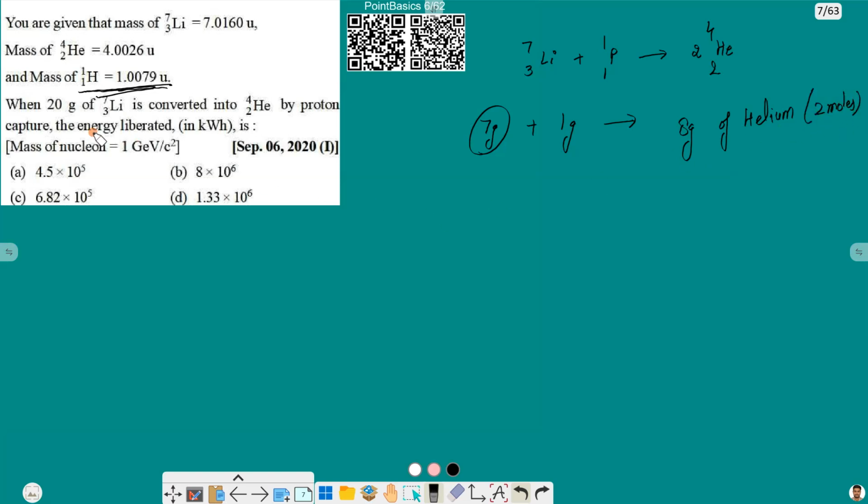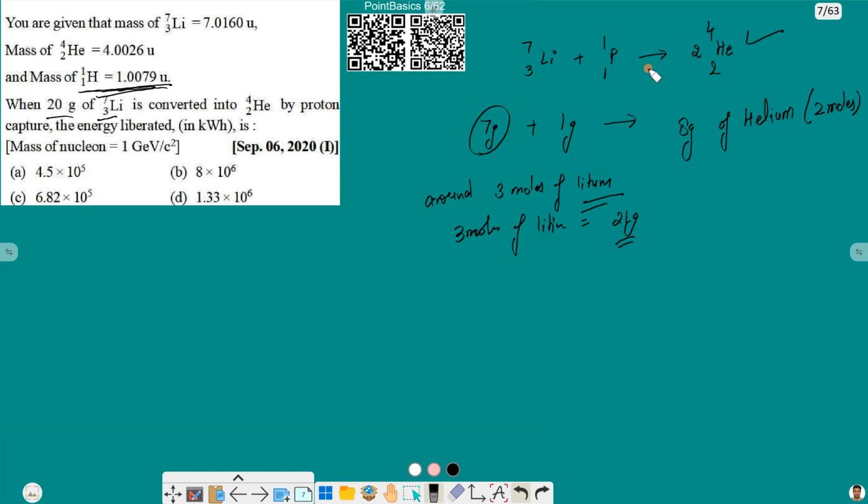Now it is mentioned that we have 20 gram of lithium. If we have 20 gram of lithium, it means we have around 3 moles of lithium. Why around 3 moles and not exactly 3 moles? Because 3 moles of lithium will be equal to 21 gram of lithium, but as mentioned, we have only 20 gram of lithium.